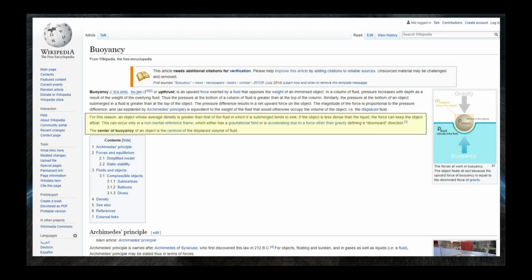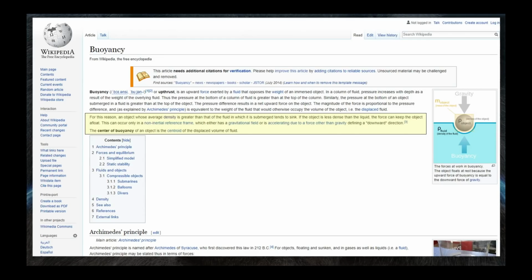The force you're talking about is buoyancy. Back to your favorite reference library, Wikipedia. Let's just read what's in the yellow. For this reason, an object whose average density is greater than that of the fluid in which it is submerged tends to sink. If the object is less dense than the liquid, the force can keep the object afloat.